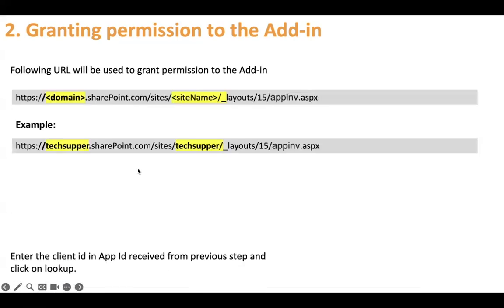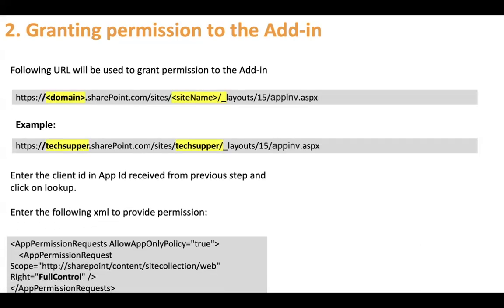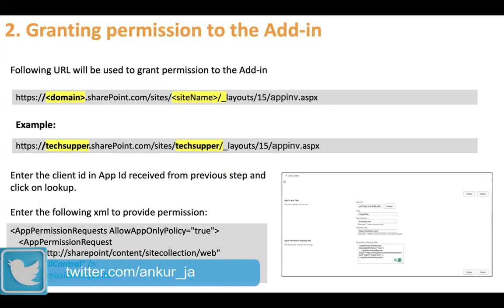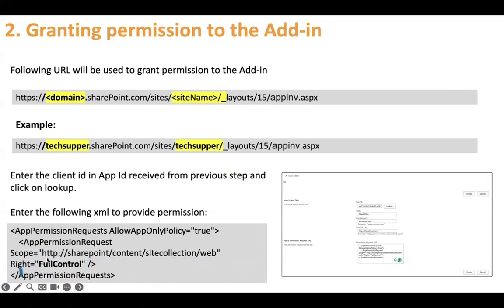Then you will have a text area also, where you have to enter which permission you want to allow this client to use. Here, I'm giving full control permission, using which it can control the complete site via the APIs. You can enter this XML and click on the create button.